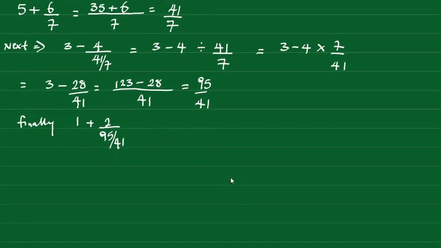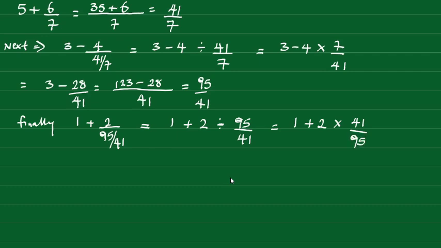All right, we'll continue that solving and take note of the fact that this is equal to 1 plus 2, put the sign of division, divided by 95 over 41. This in turn is equal to 1 plus 2. Convert division to multiplication. When 41 comes up, we have 41 over 95.